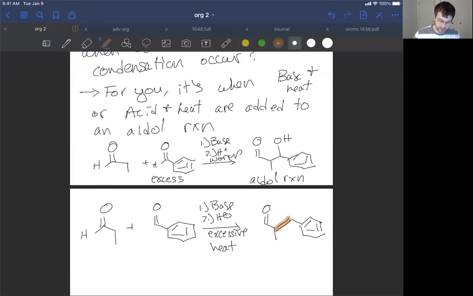This is going to be our alpha beta unsaturation unit. So that's what you need to know.